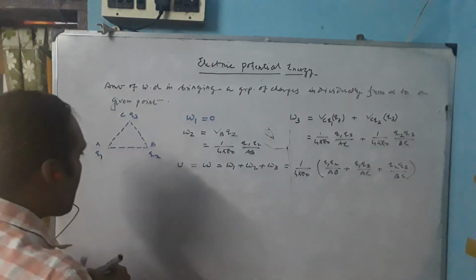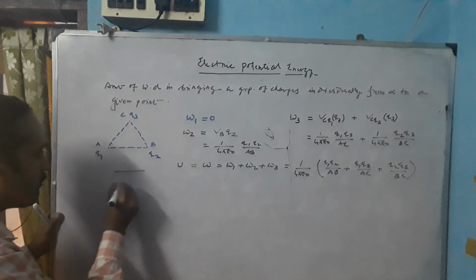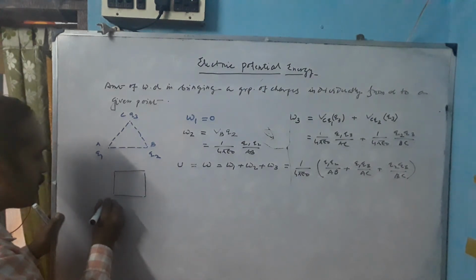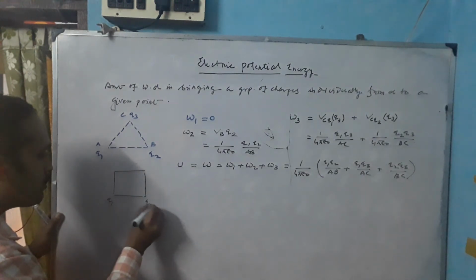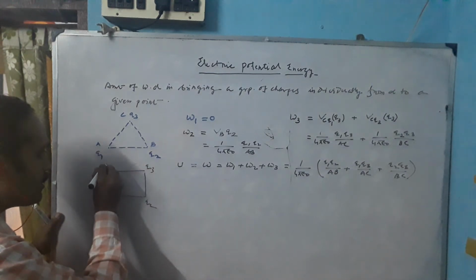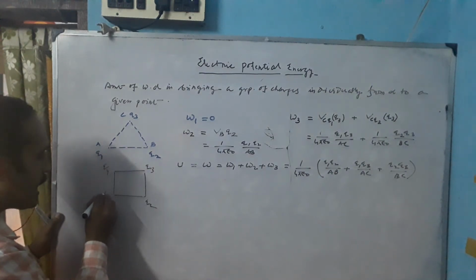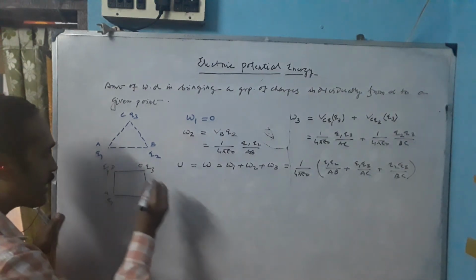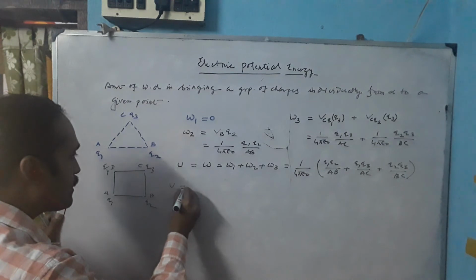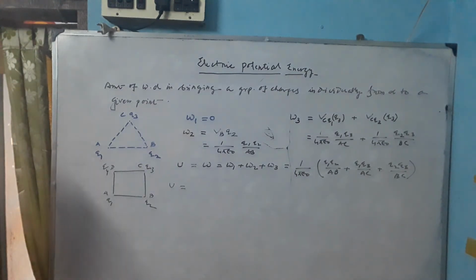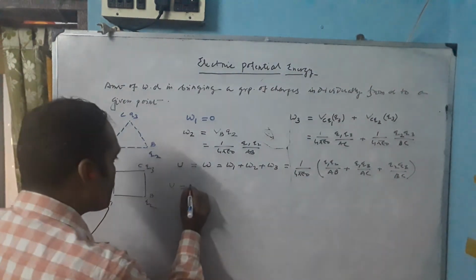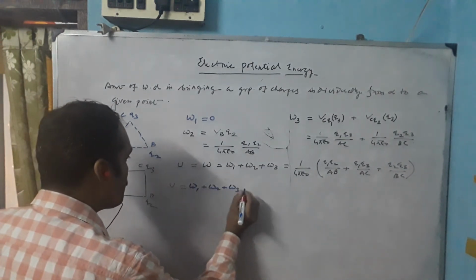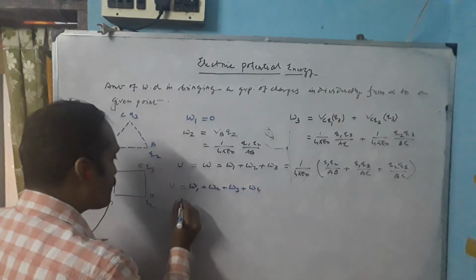Similarly, you can have a group of 4 charges Q1, Q2, Q3, Q4 at the 4 corners of a square. Here the work done, as discussed in this case, is W1, W2, W3, W4.